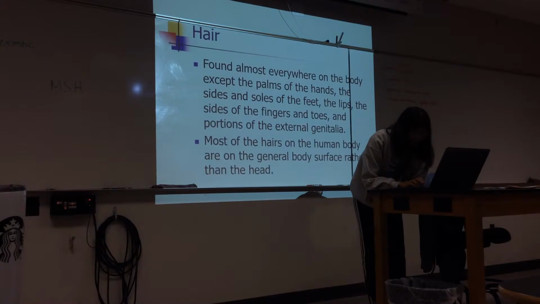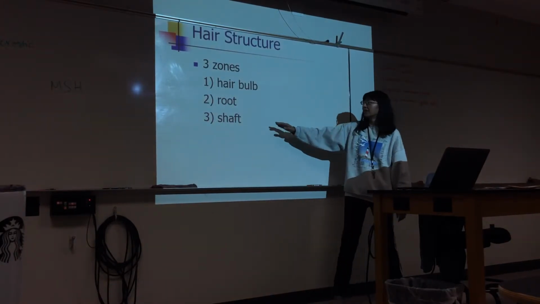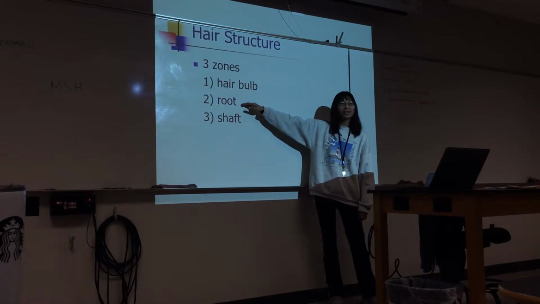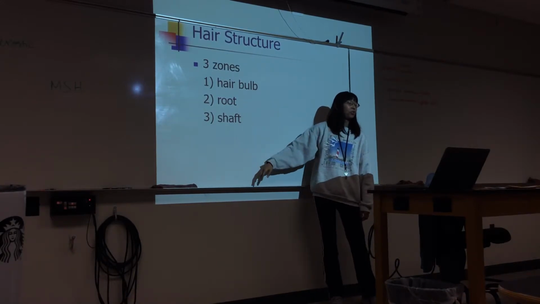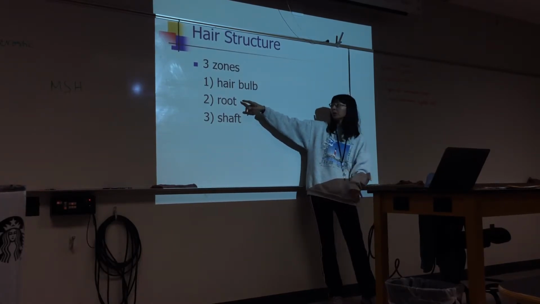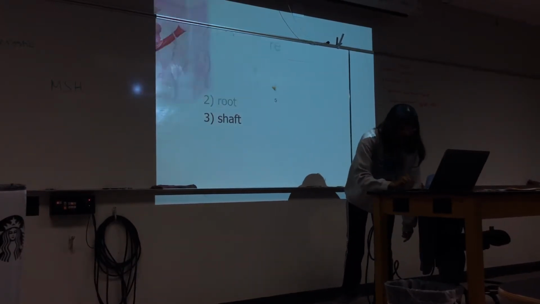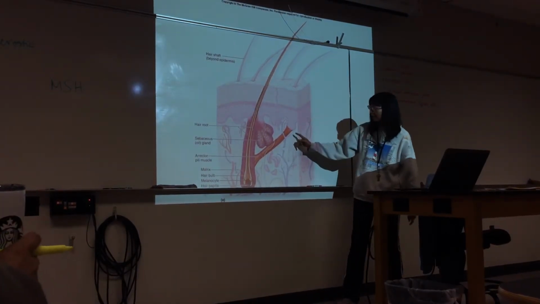There are three zones to a hair. Remember this word? What's most superficial? Shaft. And then root, below the surface. And at the very end is the bulb. The hair bulb.